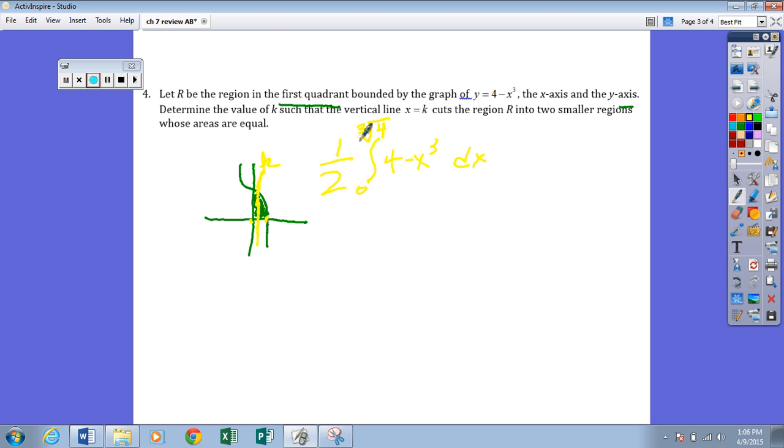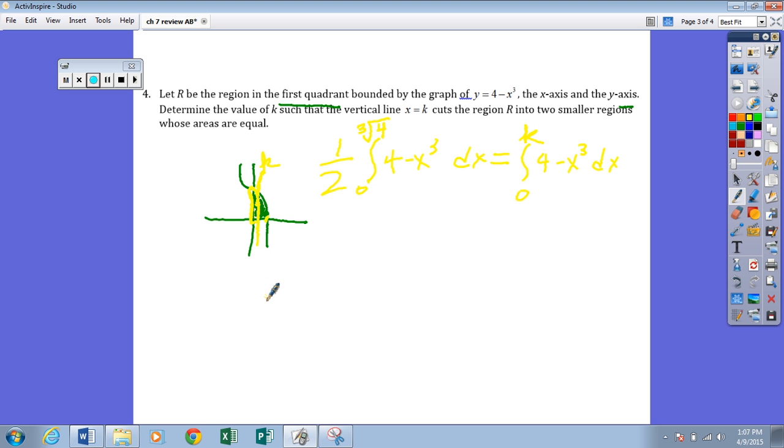So once you get this number, you can just set it equal to just this part of the picture right here. So you only have to consider 1/2 of the total picture now. So I'm going to say, well, this is equal to the same top minus bottom, okay? But now instead of going all the way from 0 to this point, I just need to go from 0 to k.